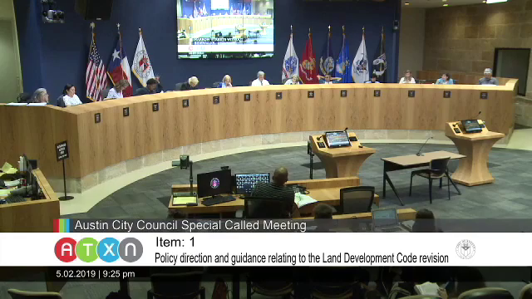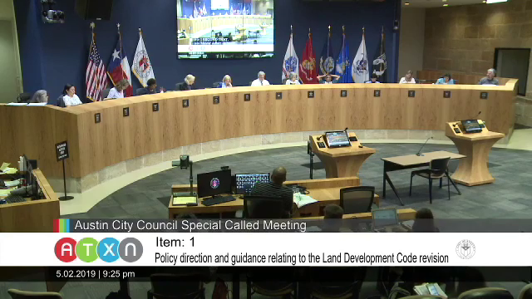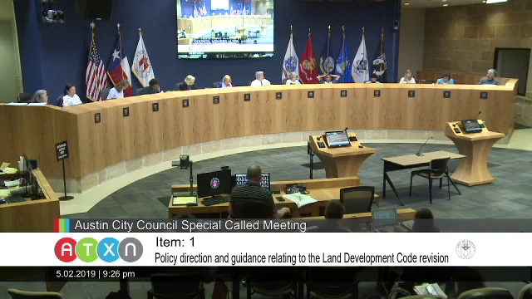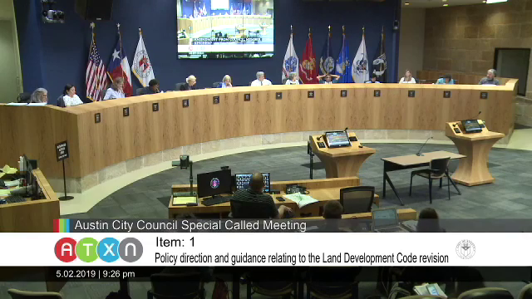Councilmember Kitchen moves to amend the amendment by adding at the end of it, and narrow streets without sidewalks. I'll second that. Seconded by Councilmember Alter. Further discussion on the amendment from Councilmember Kitchen? Any objection? Okay. Any discussion?